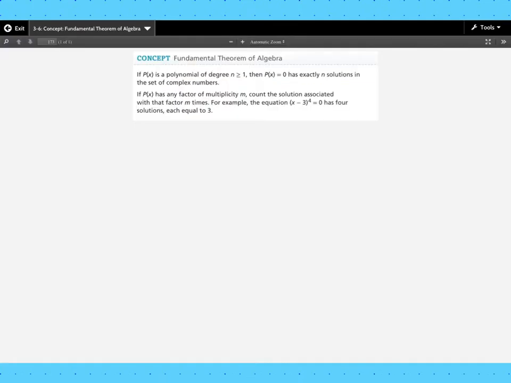Okay, here is another theorem called the Fundamental Theorem of Algebra. This is the reason that people don't like math. I hate this language here, but let's read it first. If p of x is a polynomial of degree n, where n is equal or greater than 1, then p of x equals 0 has exactly n solutions in the set of complex numbers.